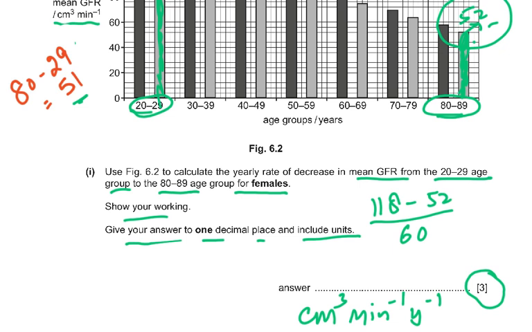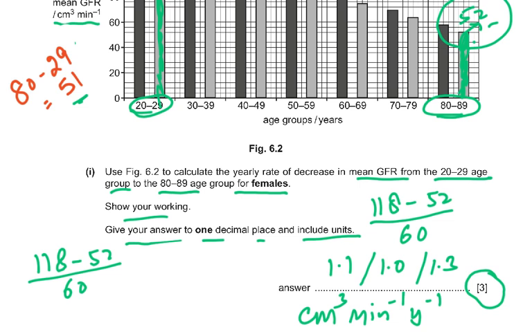So you have to give me the answer, which was of course either 1.1 or 1.0 or 1.3, depending on what figures you took. If you say 118 minus 52 over 60, then it was 1.1.